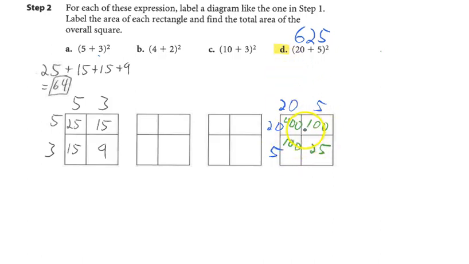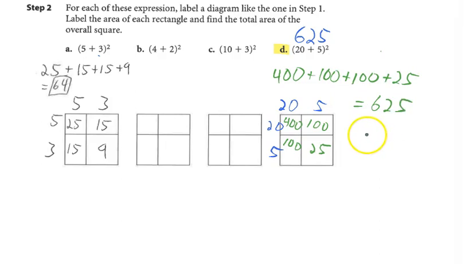Now we take those 4 products and we add them, because we're finding the total area of the rectangle. And to find the total area, we will add the smaller areas. And sure enough, 400 plus 100 plus 100 plus 25 does equal 625.